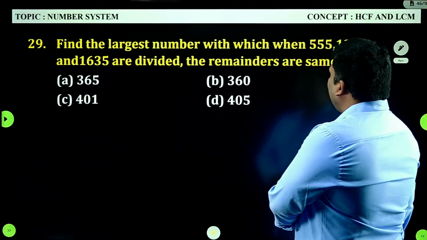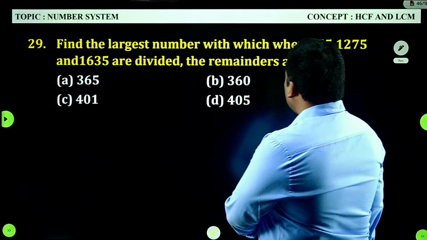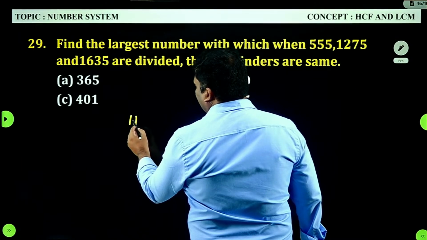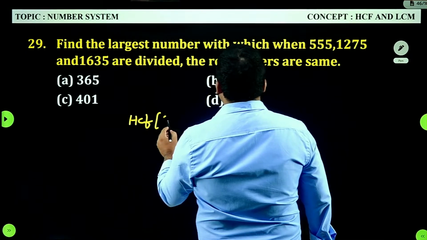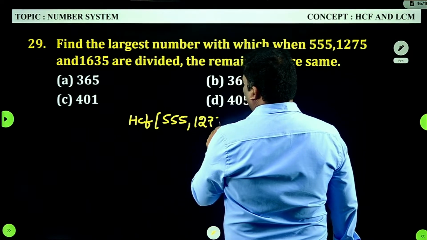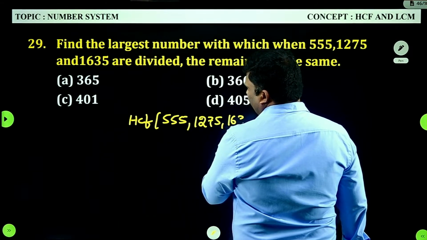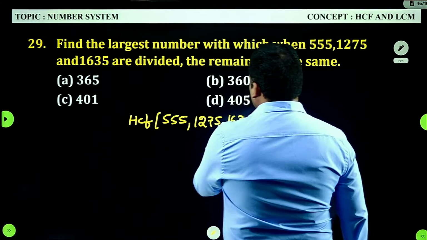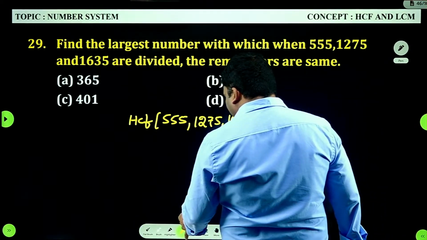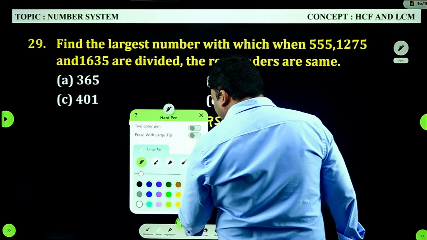Find the largest number. Largest number means HCF. HCF of 555, 1275 and 1635. Listen very carefully.